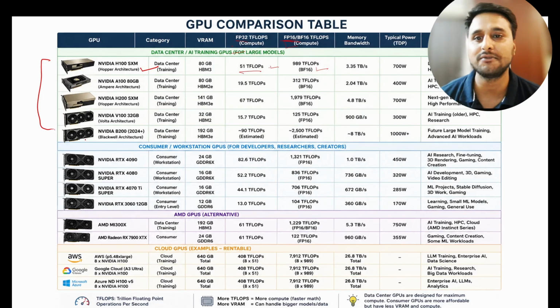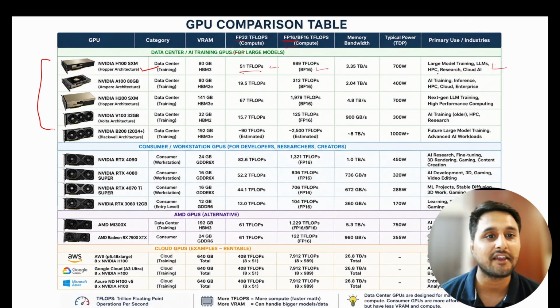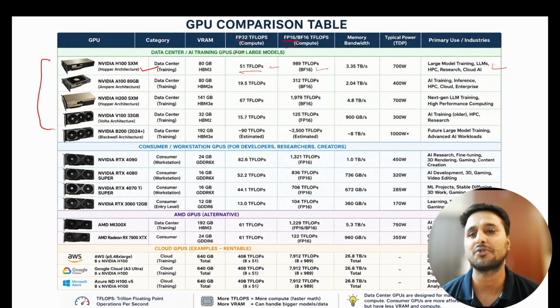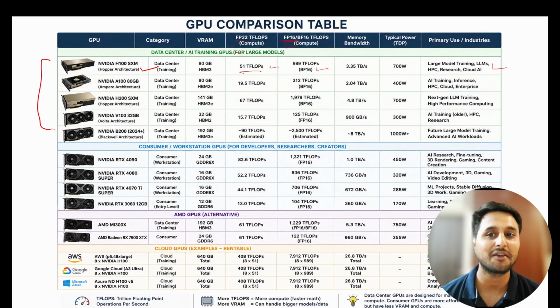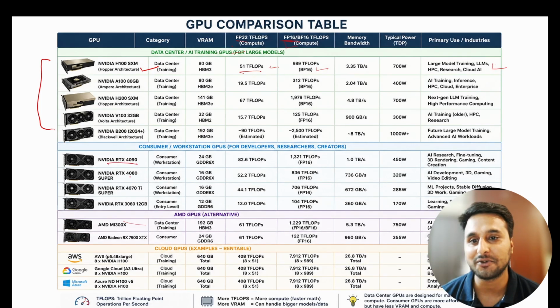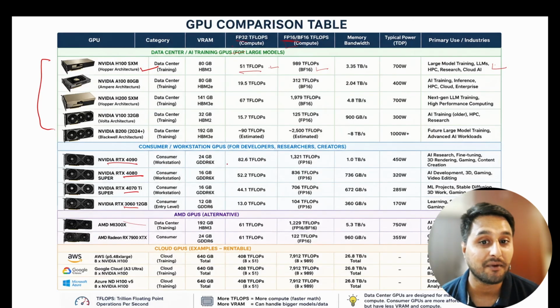And all five of these GPUs are very expensive. They are used in industry, primarily for large language model training, LLMs, AI training, next-gen LLM training. This is the use case of these GPUs, and a normal person cannot buy them. For consumer use, NVIDIA gave other options, for example the RTX 4090 and 4080. These GPUs we can buy from the market, and they are also very, very fast, 82.6 trillion mathematical operations per second in FP32.